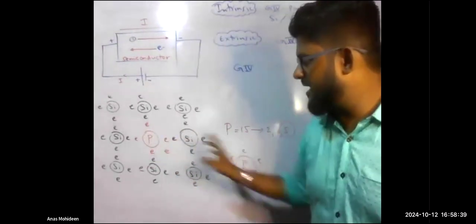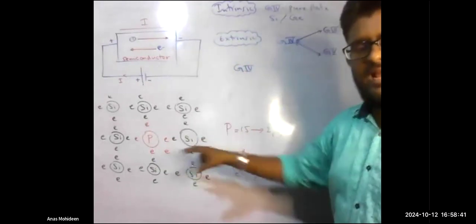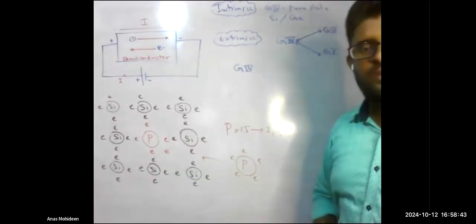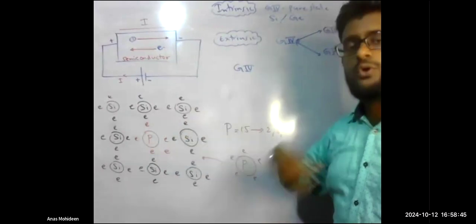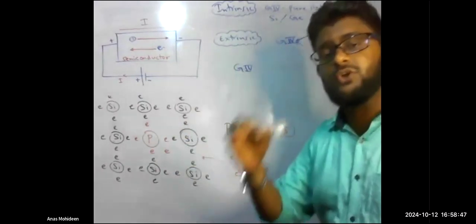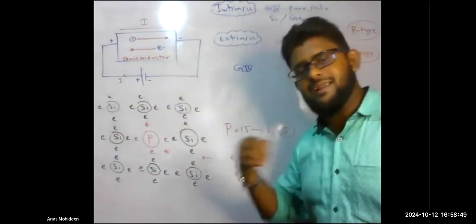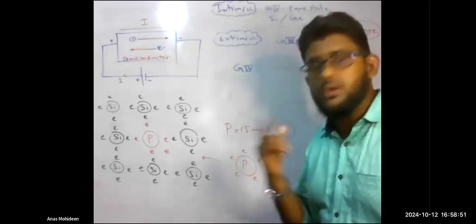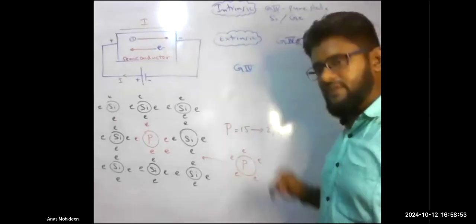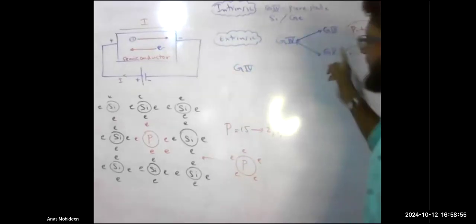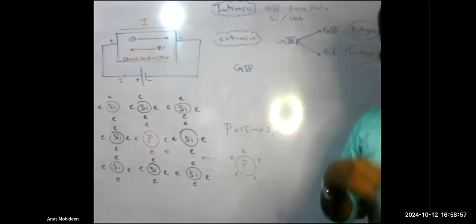Let's say I'm taking another atom. That phosphorus atom will also provide a free electron. So these electrons given in excess, we term it as donating. Who are donating electrons? Group 5 elements, so we name them donor atoms.